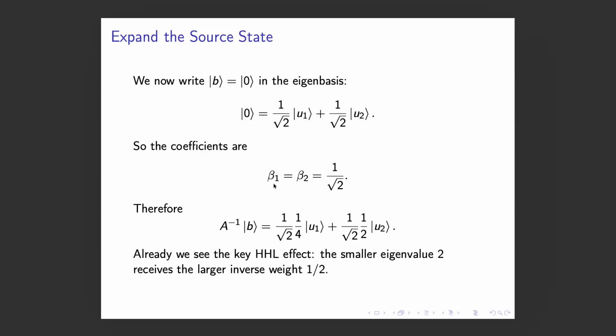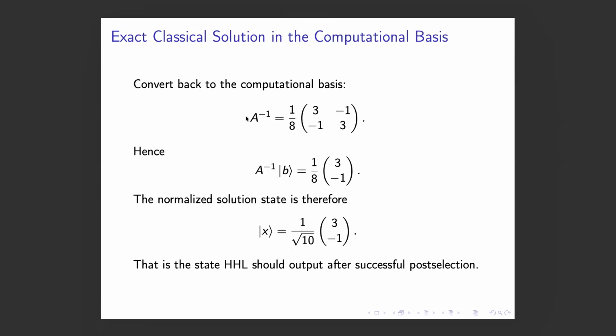That means the coefficients are given by these, and therefore the inverse one is simply given by this one. And what you see is also that the small eigenvalue receives the larger inverse weight. This is also an important aspect. Then you convert back to the computational basis. So you find the inverse matrix, and then you find the final solution.